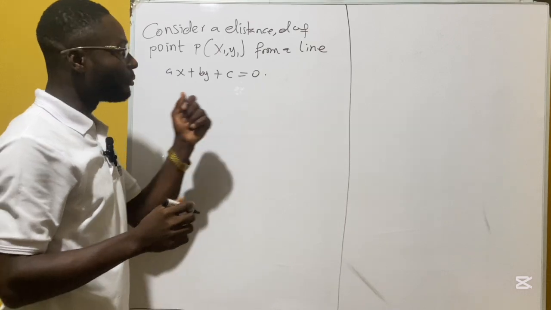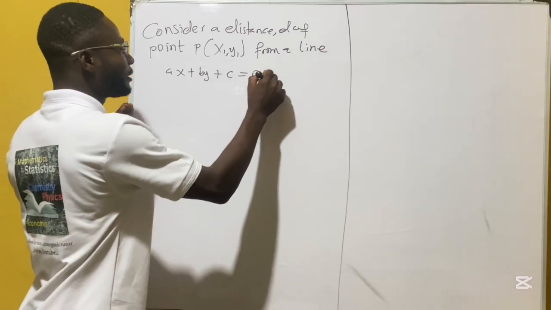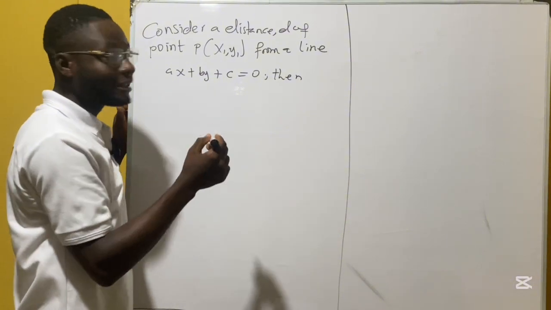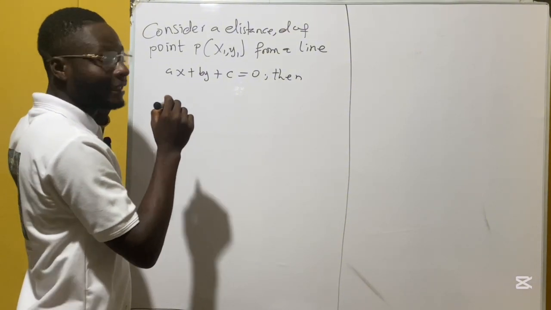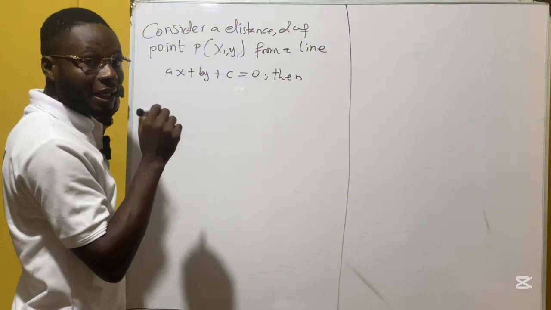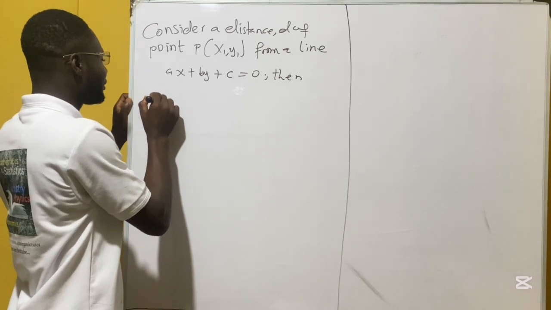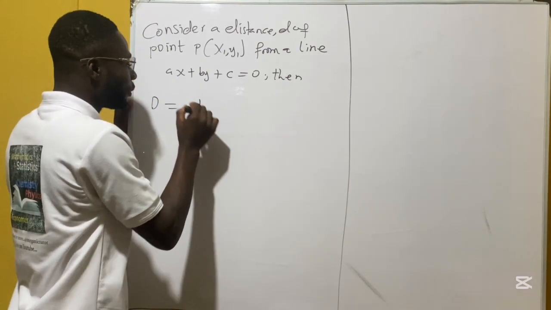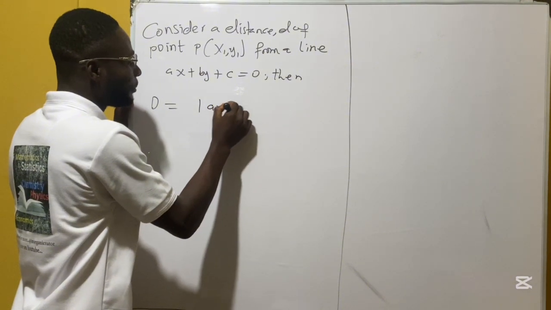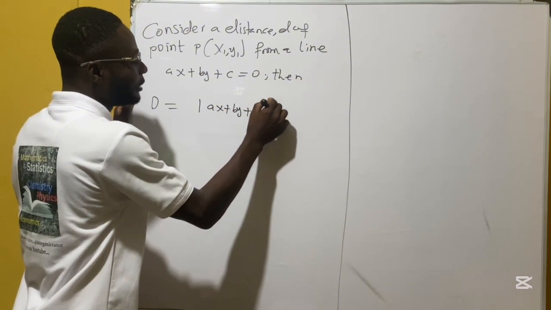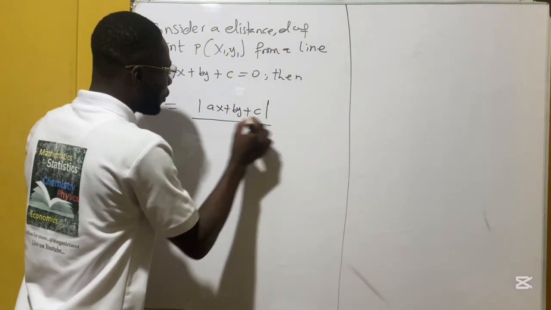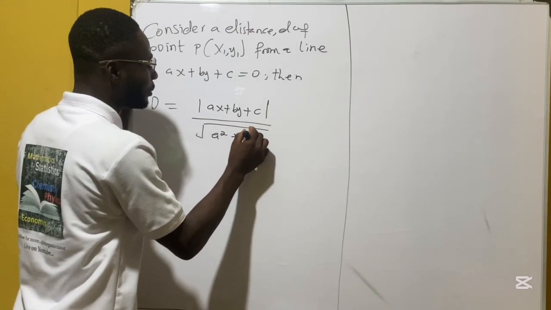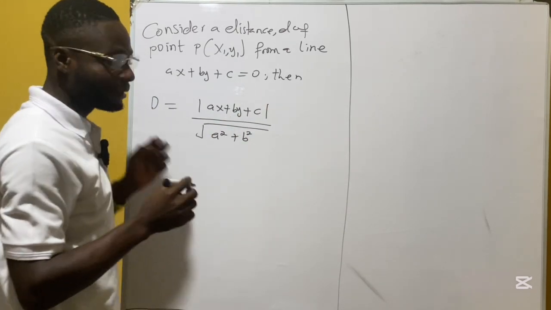With this information, we can say that the distance of a point from a line is given by the absolute value of ax1 plus by1 plus c, all over the square root of a squared plus b squared, right?